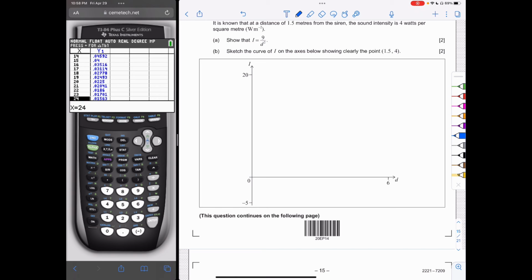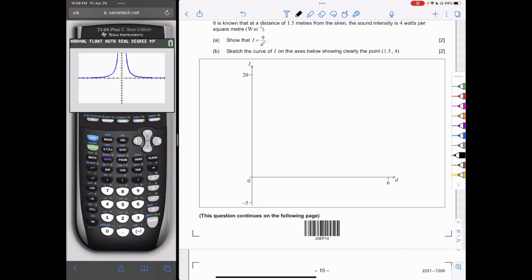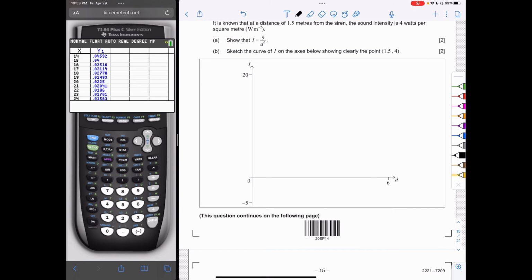So if I wanted to graph this, I'm going to go back to the table really quick. If I go backwards, you should see that if I make my x value really small, I start getting an error here.